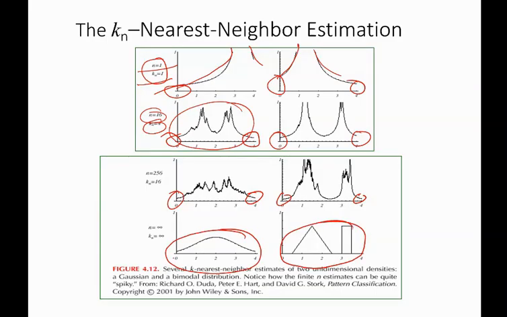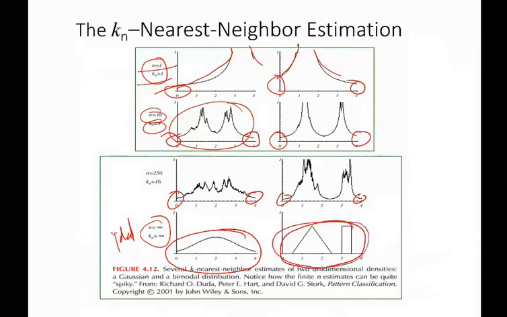Okay, so this is a normal distribution curve that is realized when you have infinite samples and you set kn equal to infinity. So this is ideal. Okay, and this is a mixture of triangular and uniform distribution over a range.